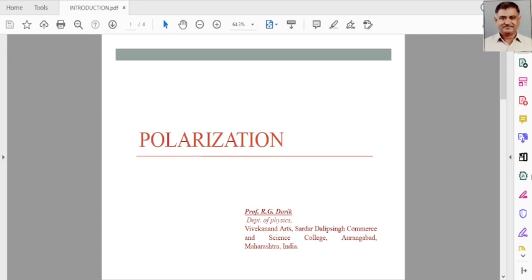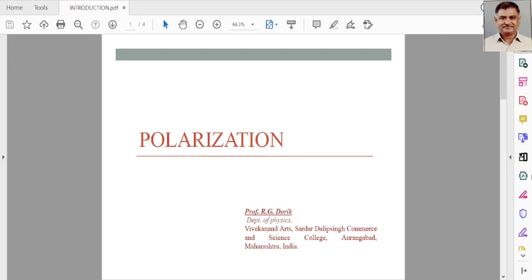Then an understanding of polarization is essential for understanding the propagation of EM, that is electromagnetic waves, guided through waveguides and optical fibers.